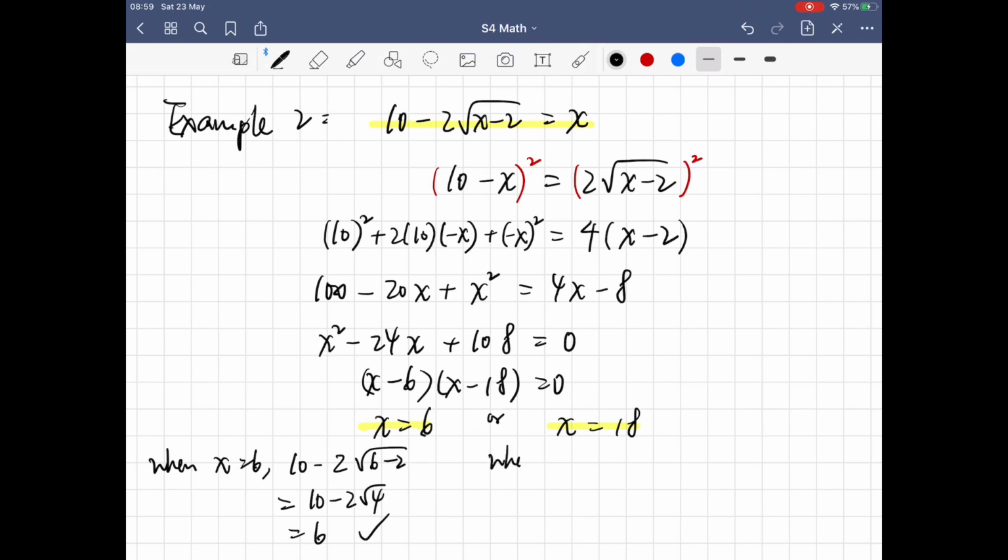Then let's take a look at x equals 18. For the left hand side, 10 minus 2 times the square root of 18 minus 2, and we have 10 minus 2 times the square root of 16, and the result is 2. For the right hand side, it equals 18. So they are not equal, and therefore we have to reject the answer x equals 18.